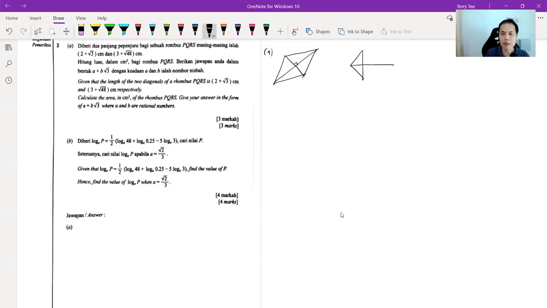To calculate the area of a kite, we take the length of the first diagonal, A, and the length of the second diagonal, B. Your area is half of A times B, the product of the diagonals. Now, some people may take half times base times height. They may split this into 2 triangles, find the height, and then take half times base times height times 2.